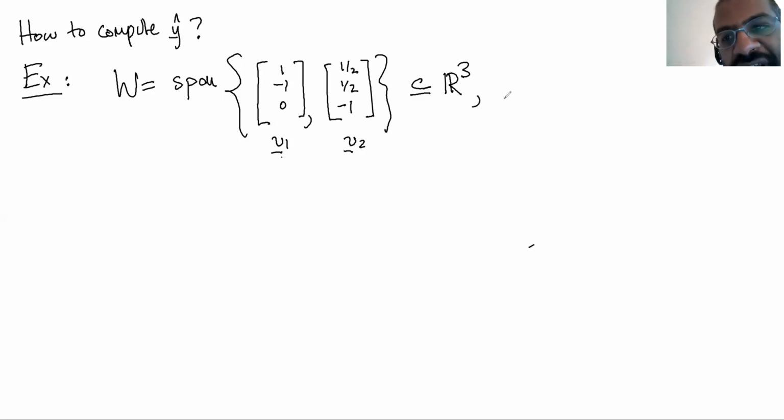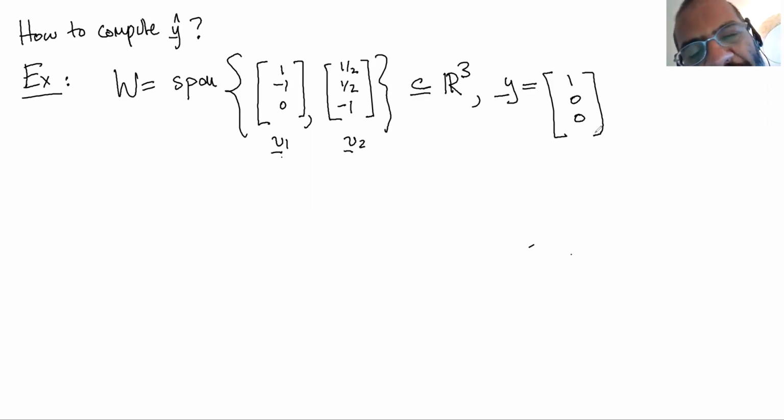And now let's say I have some point that's not in the subspace. So let's say the point (1, 0, 0). You'd have to check whether it's in the subspace. It's not. So this is not in W, but it is in R3.